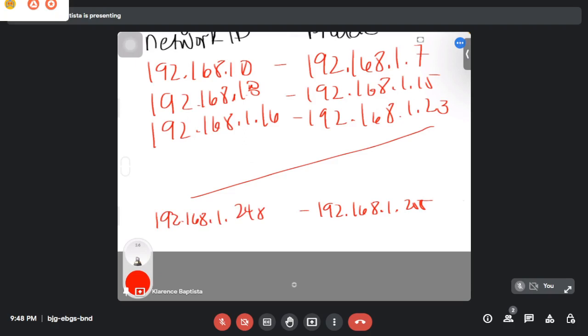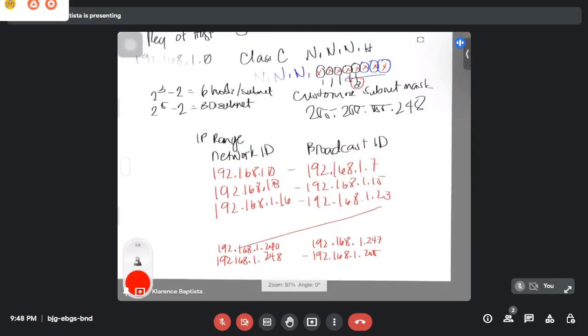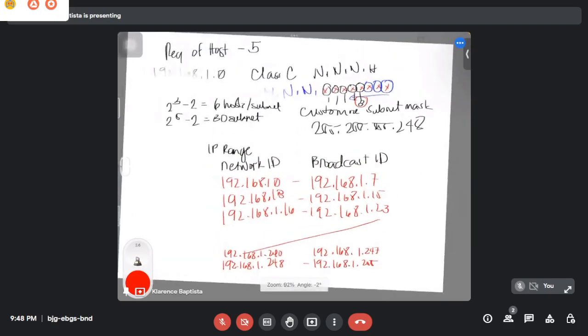Okay? Tapos, minus 8 tayo. So, 192.168.1.240 hanggang 192.168.1.247. So, yan po yung IP range natin for the requirement of host, 5 host.